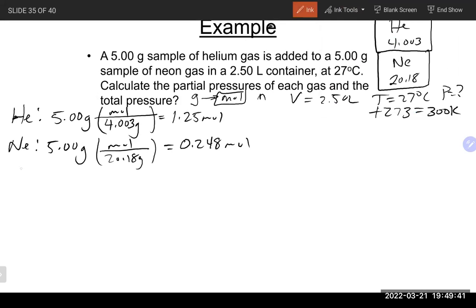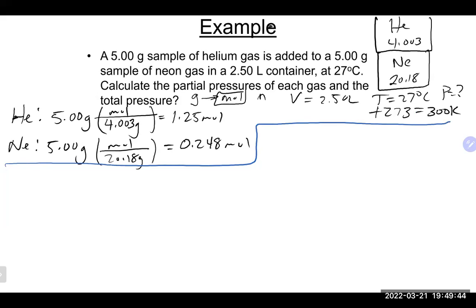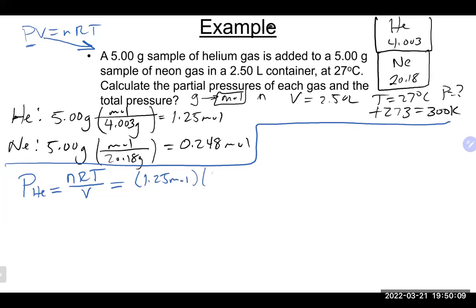And again, we're just going to do 2 separate ideal gas law calculations where PV is equal to nRT, solving for P. So bringing this to the opposite side gets us that the P for the helium here would be nRT divided by V. Putting in our numbers for helium, it would be 1.25 moles, 0.08206, which is our gas constant that you always have, and our temperature, which is 300 Kelvin, all divided by our volume of 2.50 liters.